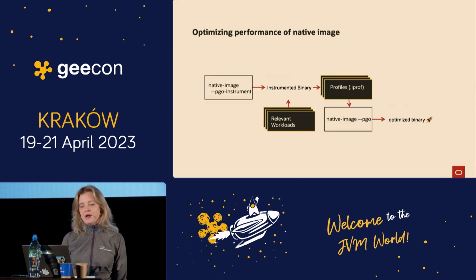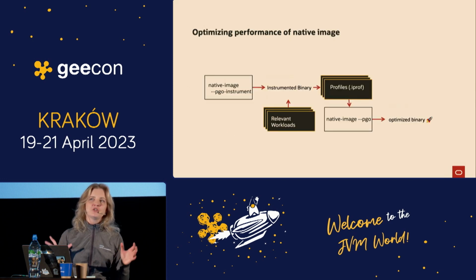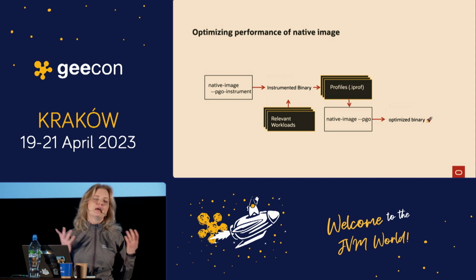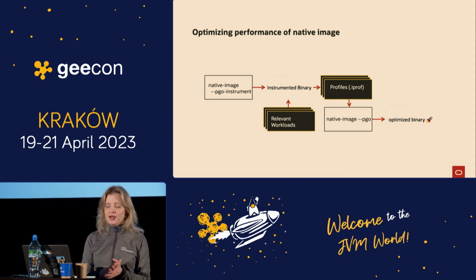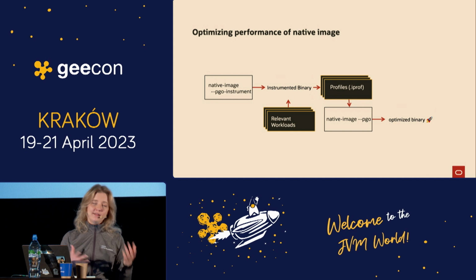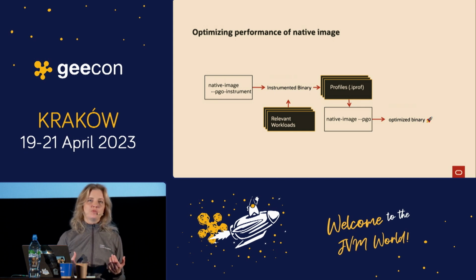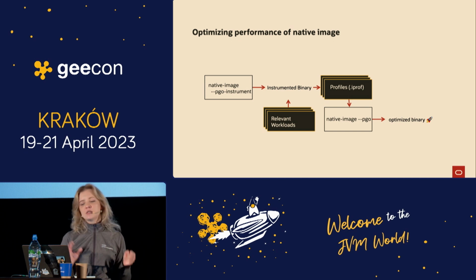And the way this works in practice is that native image compiles the application ahead of time, so it doesn't have access to profiling information. But it's possible to work around that if you, once again, observe your application behavior on the JVM, collect that profile information, and then give it to the native image at build time, so it can combine the best of both worlds.